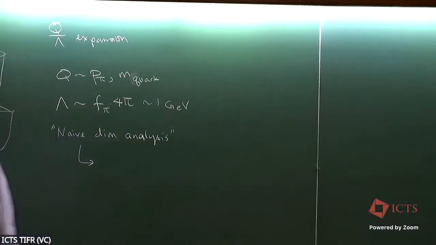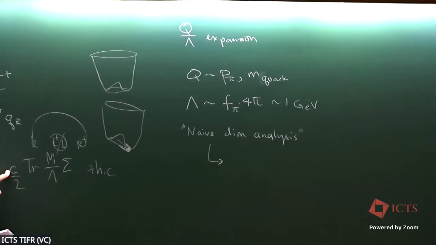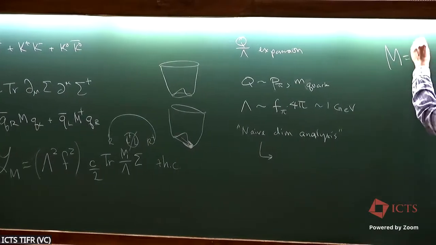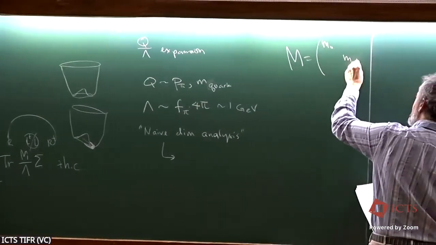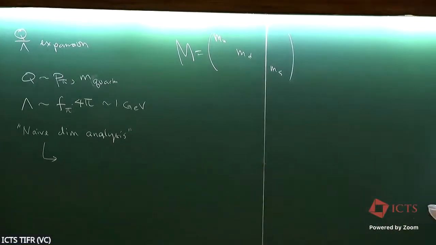So let's see then what the prediction is, okay? Because we've got some unknowns here. What is M? M is the mass matrix M_u, M_d, M_s. We're working in a mass eigenstate basis for the quarks.